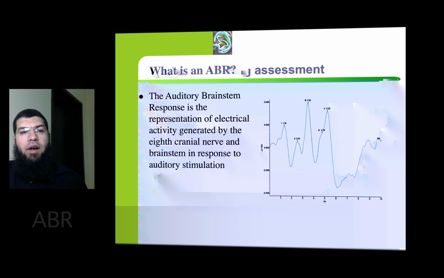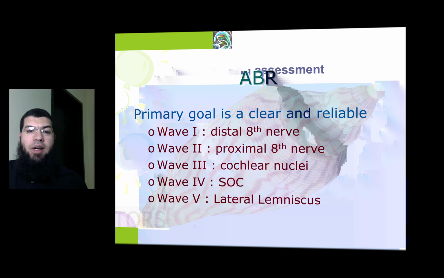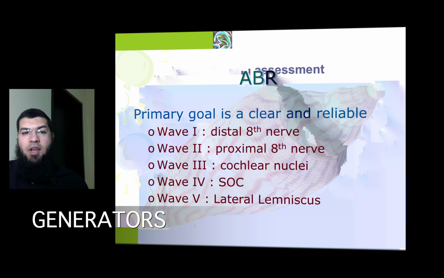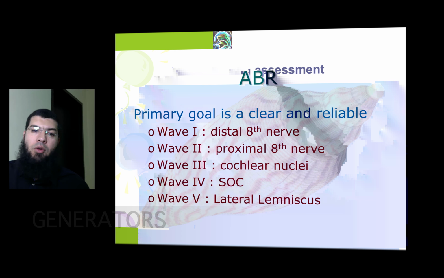First of all, what is an ABR? The auditory brainstem response is the representation of electrical activity generated by the eighth cranial nerve and the brainstem in response to acoustic stimulation. The generators of ABR: we have 7 waves. The most common waves are the first 5 waves, and the most important one is wave 5.